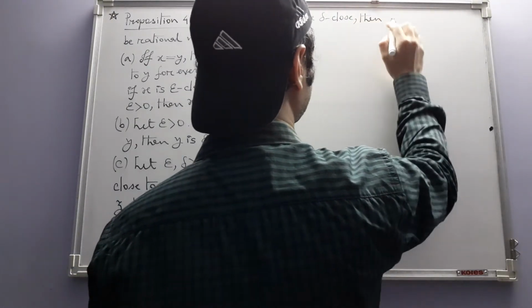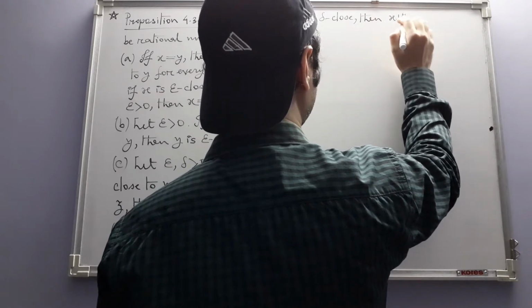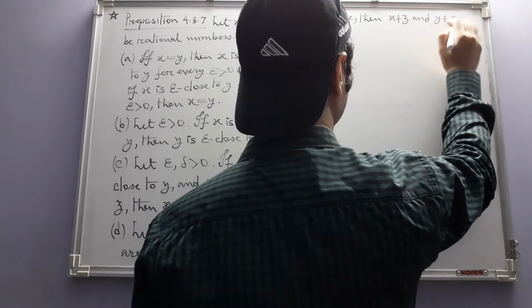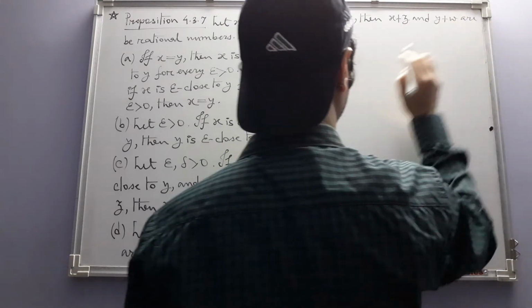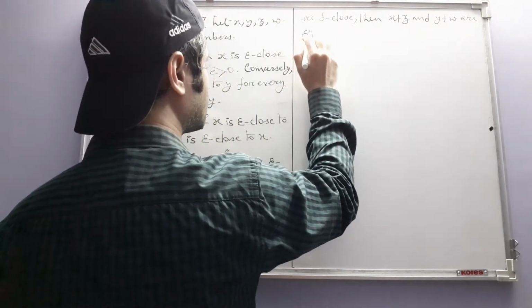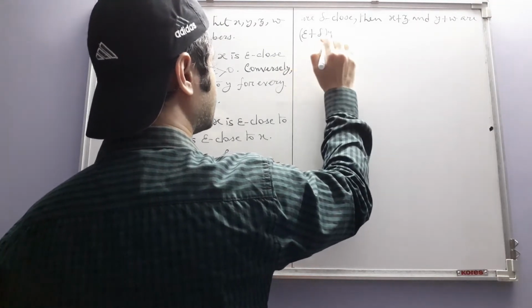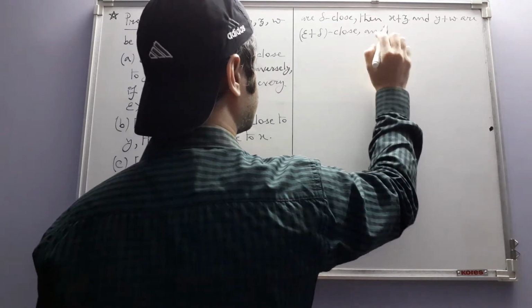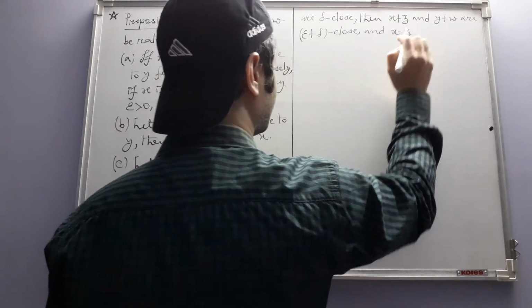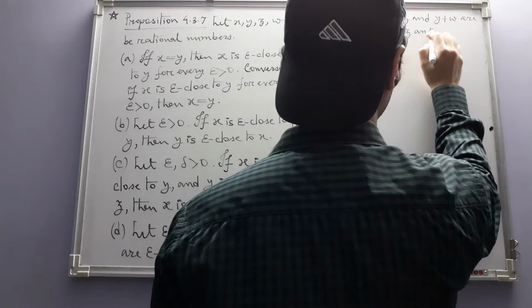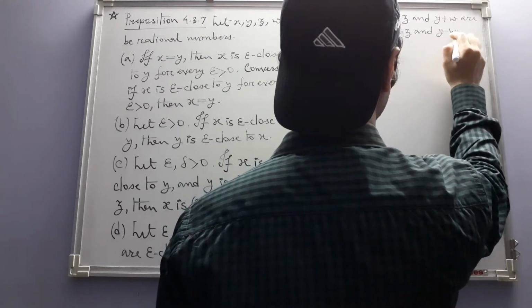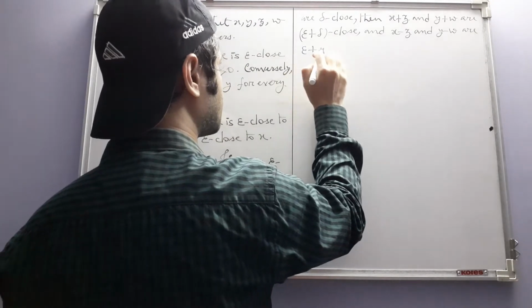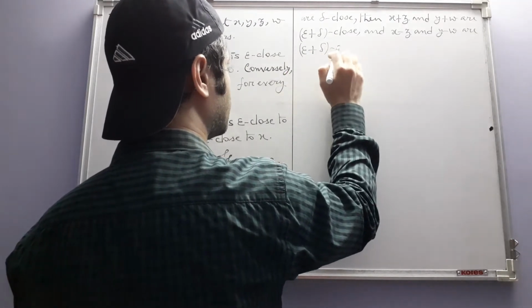Then x plus z and y plus w are epsilon plus delta close, and x minus z and y minus w are also epsilon plus delta close.